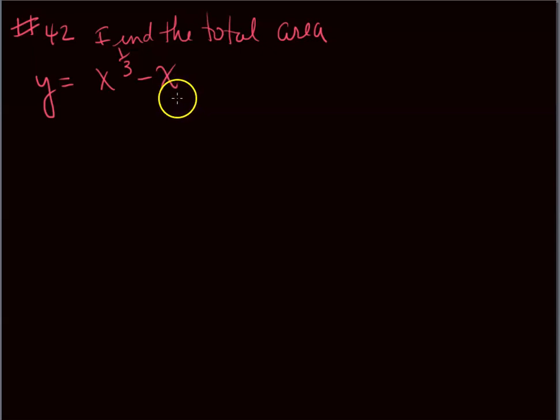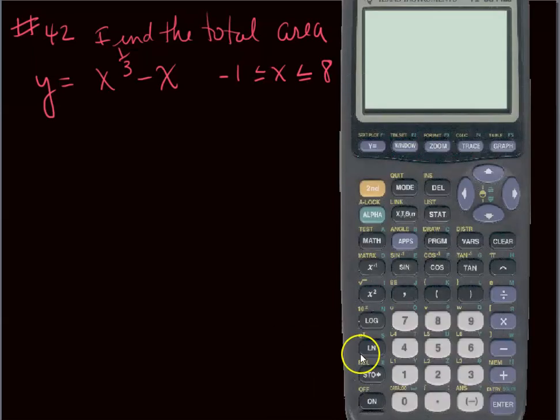First of all, this all goes from -1 up to 8. So we first need to find out if this thing is always positive. If it's always positive, we just plug it in and do that. But it may be that it goes below the x-axis every once in a while. So one way to do that is, I guess you can plot some points. You can use your calculator.